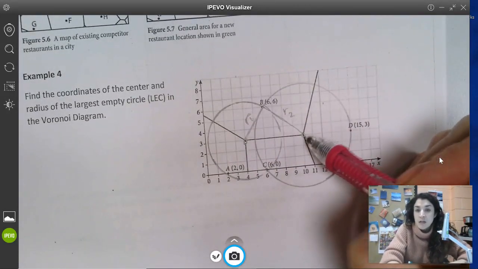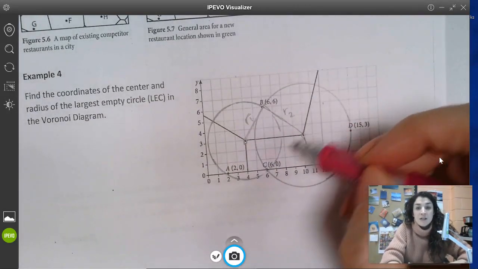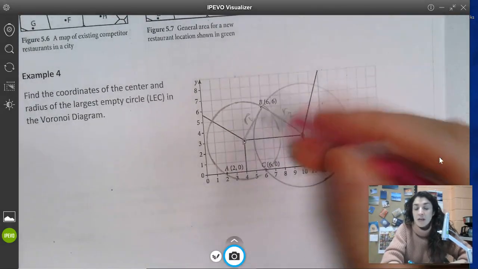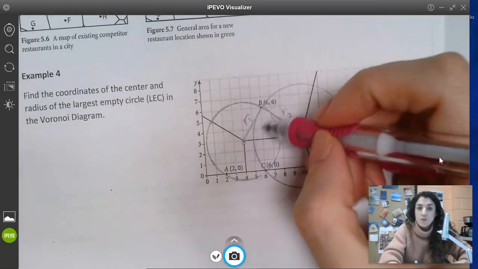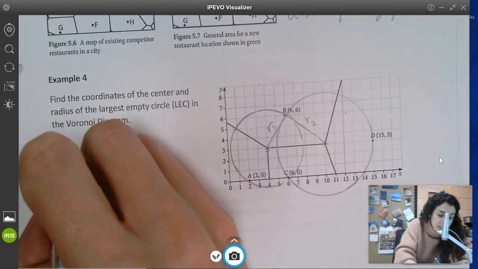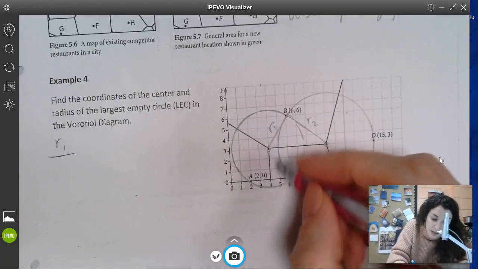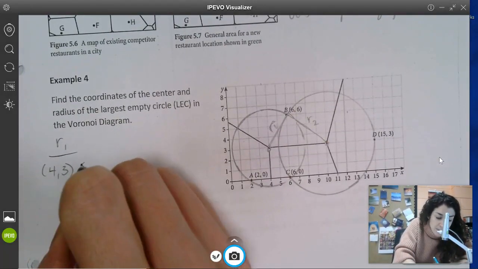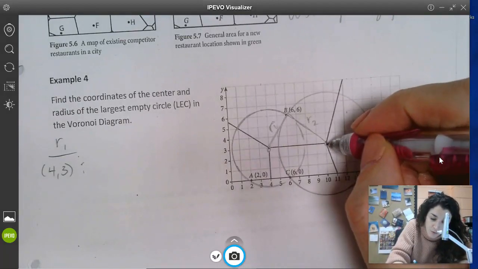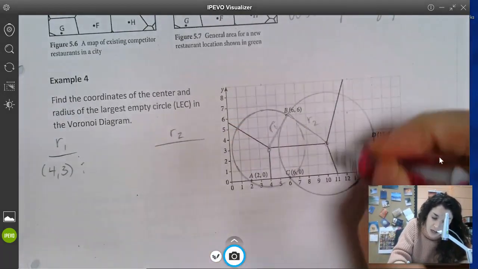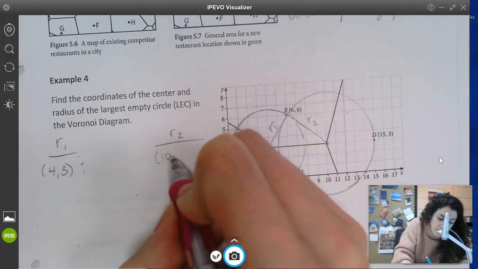Realize that the distance from here to B is the same as here to C, is the same as here to D, right? So you could pick any of these 3 points that would make that circle. But I do need to find the distance of r sub 1. This vertex has the coordinates 4, 3, and then this vertex, so this would be r sub 2, has the coordinates 10, 3.